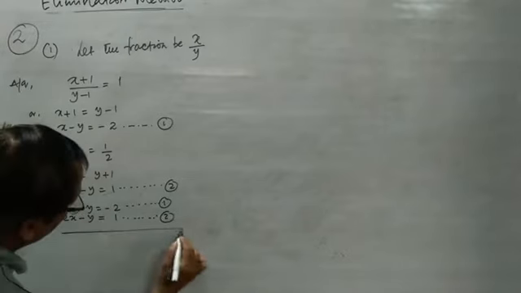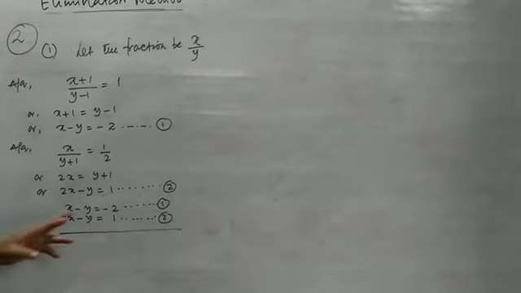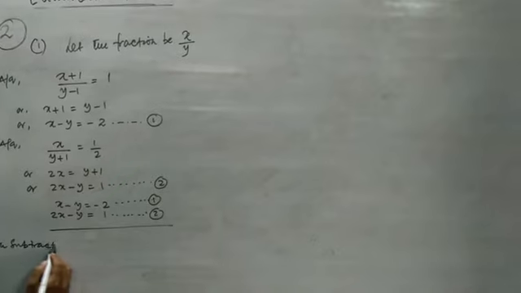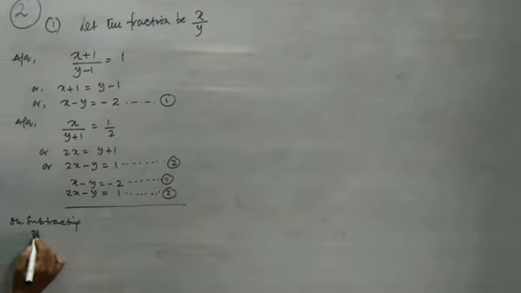Now see, the y variables are having the same coefficients, minus 1 and minus 1. If the coefficients are equal of a particular variable, we will subtract. We will write on subtracting, don't forget to write this thing, 2 from 1.